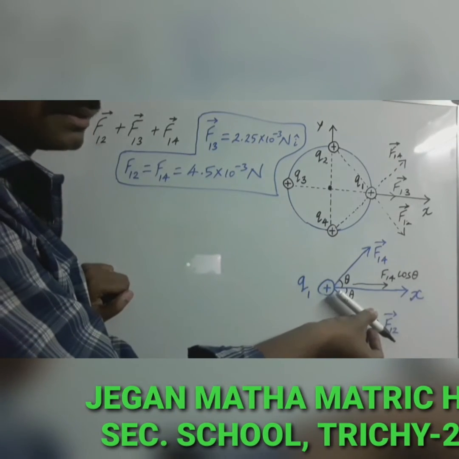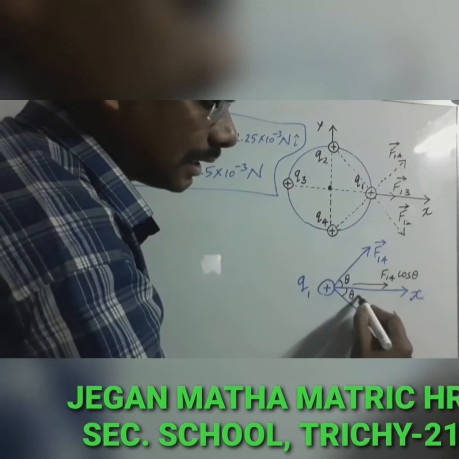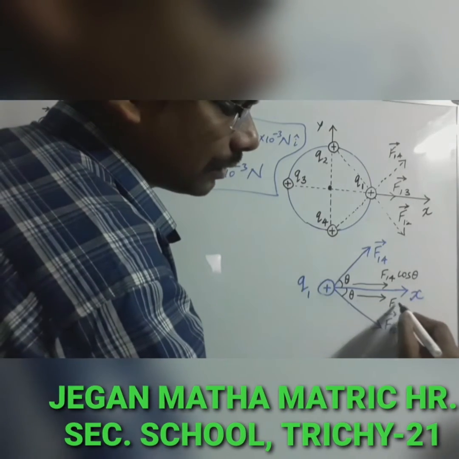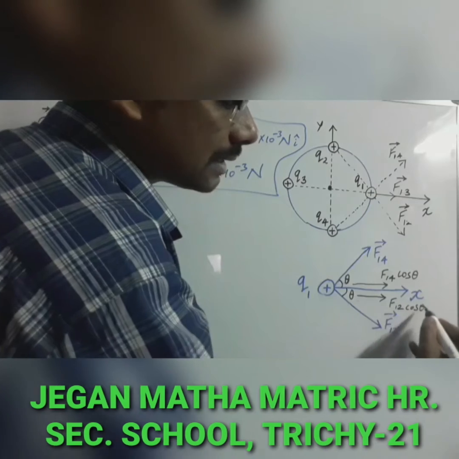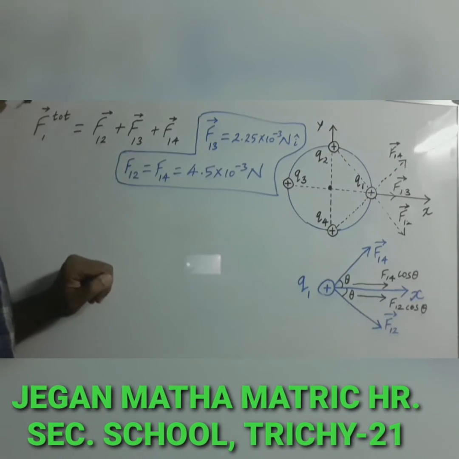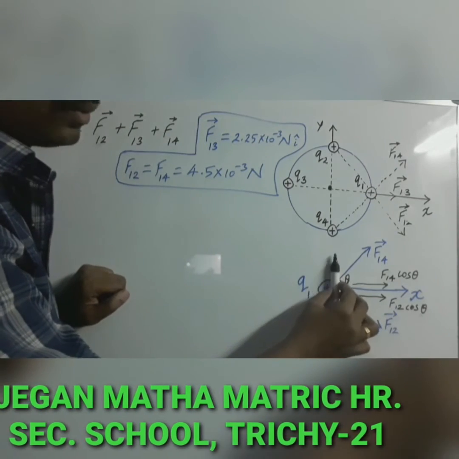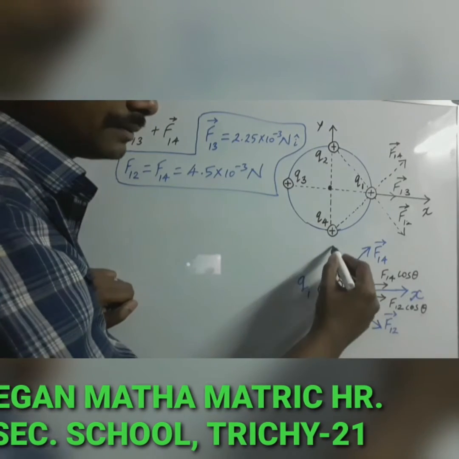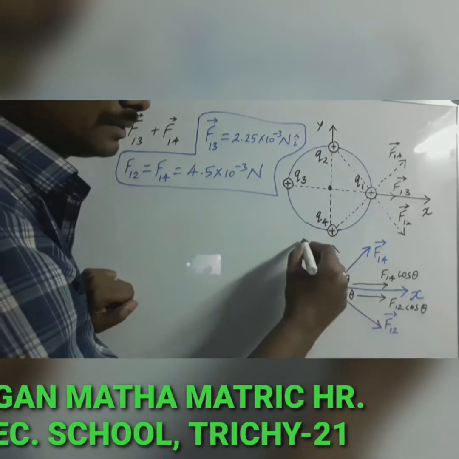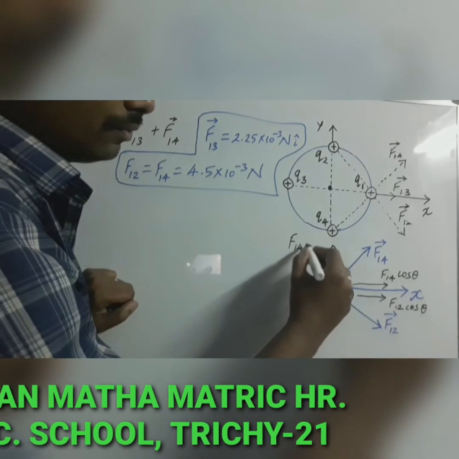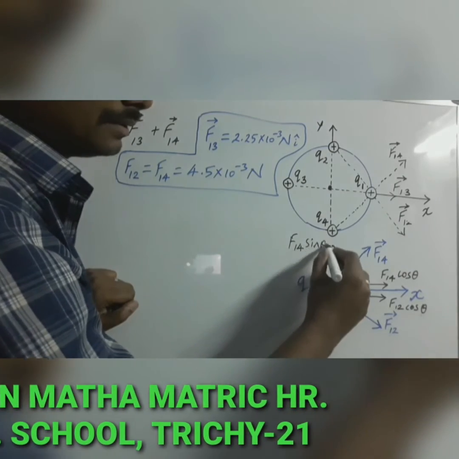Likewise, for this vector, the parallel component will be in this direction, F12 cos theta. Then what about the perpendicular component? For the F14, it will act upwards. So here it is F14 sin theta.